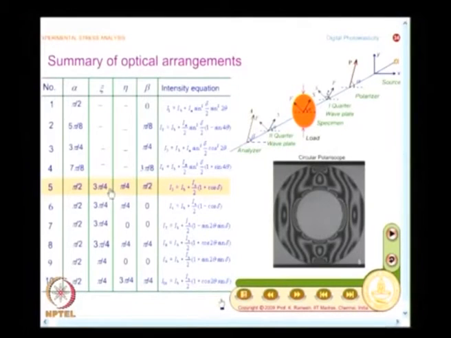If you look at this, the first 4 arrangements, I have zeta as 3 pi by 4, the last 2 arrangements I have this as pi by 4. So, the handedness of the input light ellipse changes. It is a circular polarized light we impinge. The first 4 positions the handedness is one, the last 2 positions handedness is different. All this is done to minimize the mismatch of quarter wave plates.